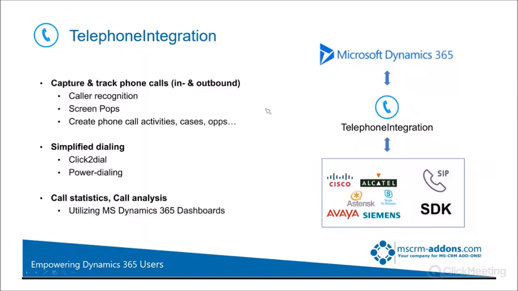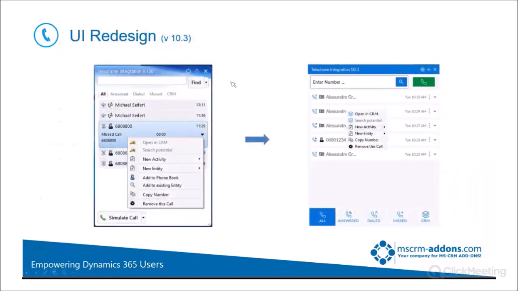All right. What we're really here to talk about today is the new UI redesign that we've had in version 10.3. Version 10.3 is available for Dynamics 365 version 9 and up. So pretty much if your Dynamics 365 is online, you probably are version 9, so this will definitely work for you.